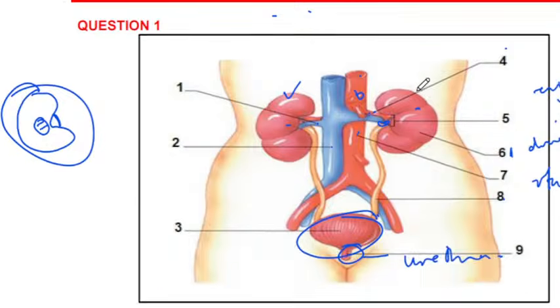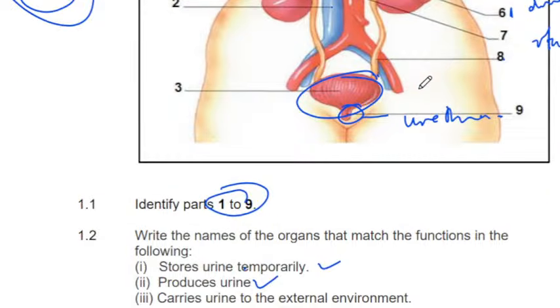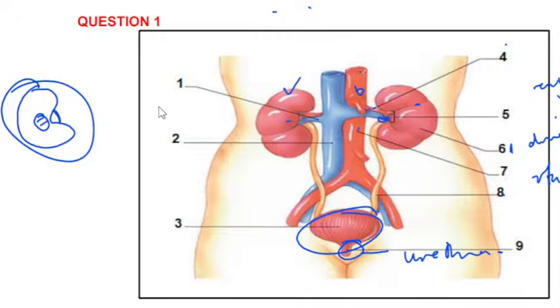They are saying that, so if it's the case, you can say that number 1, because number 1 is a vein, it means that it takes what has been purified. It means that it carries filtered blood from the kidney. But this blood, because the oxygen which came with it has been used up here, carries filtered blood which is deoxygenated.